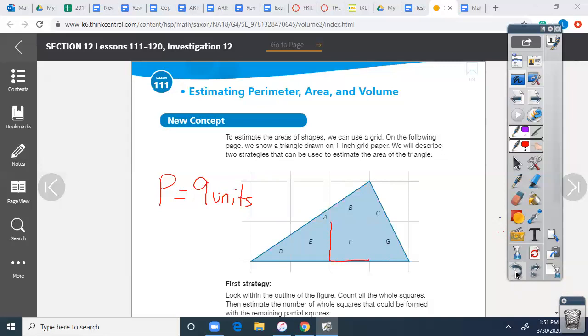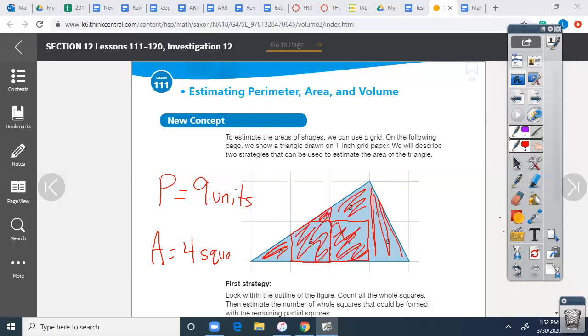Well, this one is completely filled in, so that's 1. This one is not completely filled in, right? But if we add this little piece, put it right there, then it is filled in. Okay? So we're going to say this is 1. These 2 combined is about 2. And let's just say these 2 combined is about 3. These 2 combined is about 4. So the answer would be area is 4 square units.